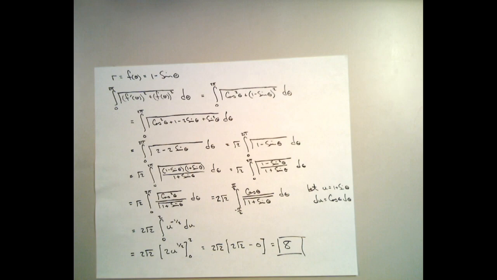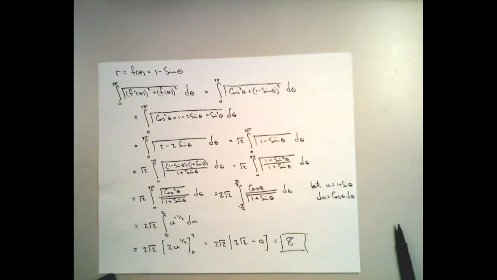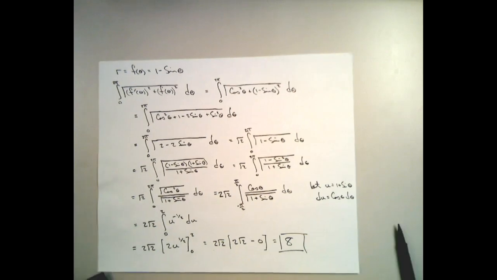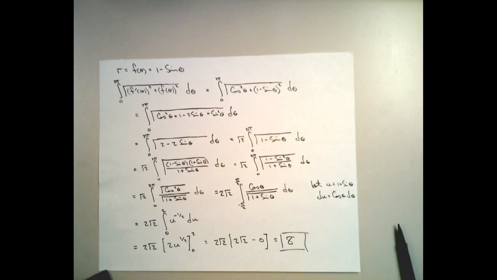The arc length of our heart is 8. The area of our heart is just a little more than 4.5. And that is our discussion on area and arc length in polar coordinates.